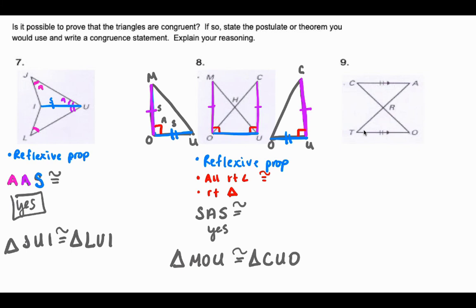Our last triangle, we look at our given information, and we have a set of double marked sides, but that set of double marked sides has something additional on it. It has this set of arrows, and remember that this set of arrows is to tell you that you have parallel.